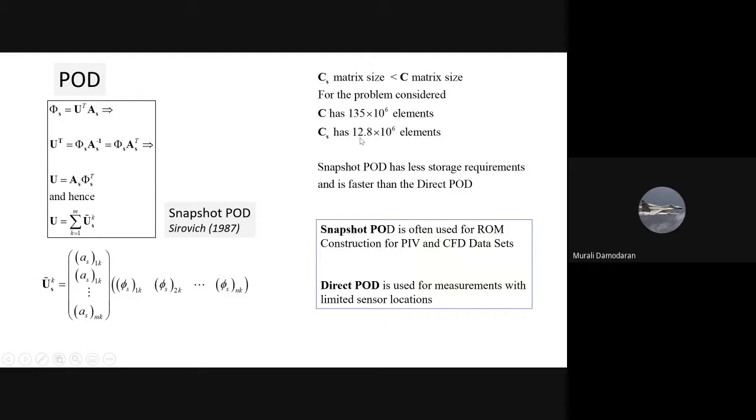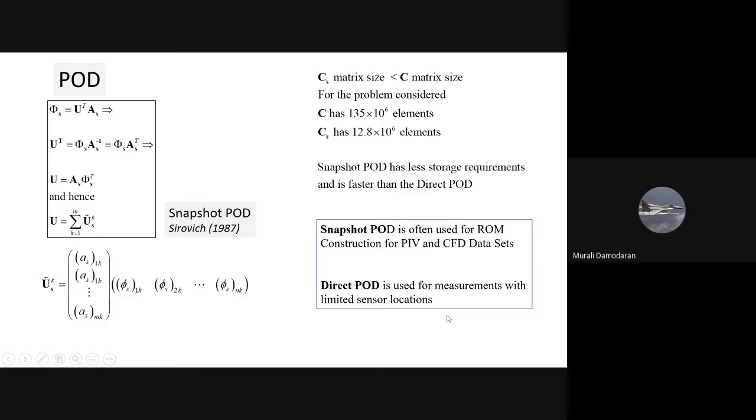That is the beauty of Sirovich's contribution to this field. Snapshot POD has less storage requirements and is faster than the direct POD, and that is what we always use.